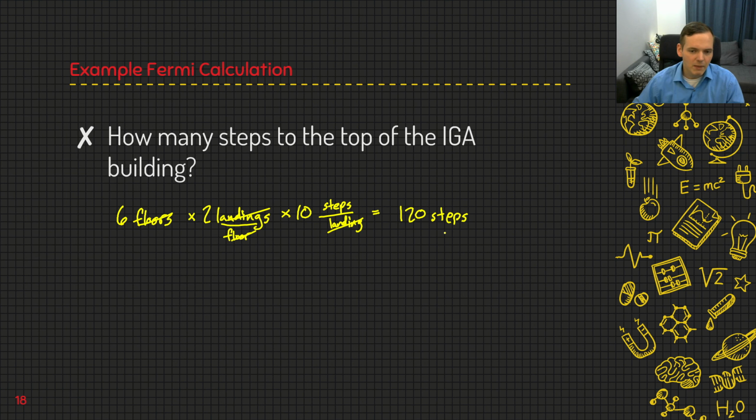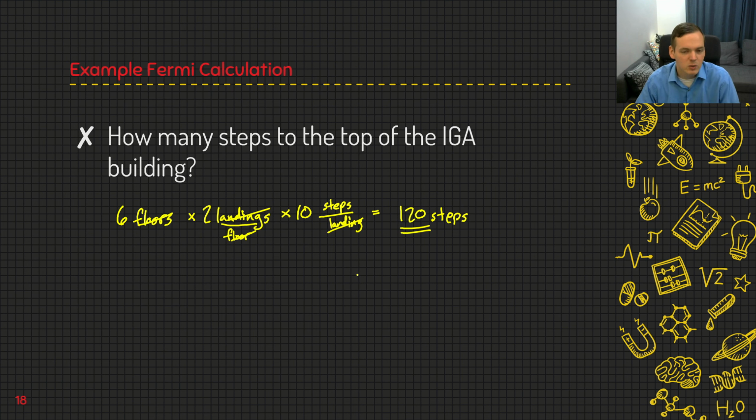Now, does that mean I'm actually estimating there to be 120 steps? No. The important thing here is this magnitude. It should be on the scale of hundreds of steps, probably somewhere between 100 and 200 steps. If I got 80, I'd feel like, okay, that's reasonable.